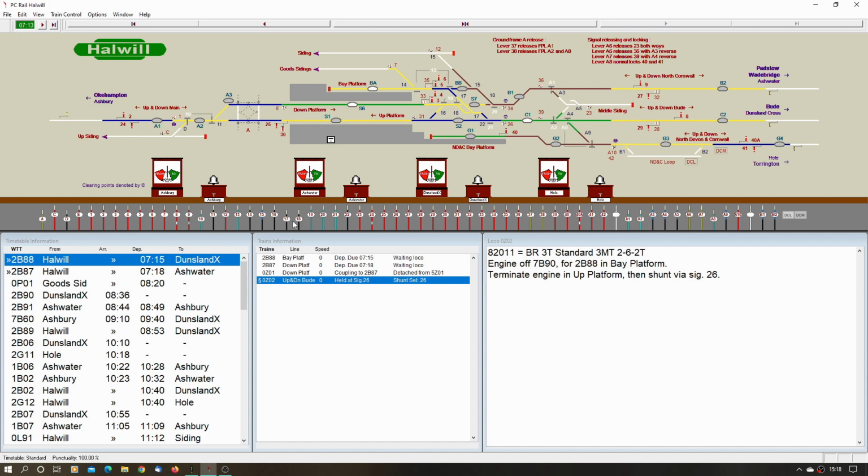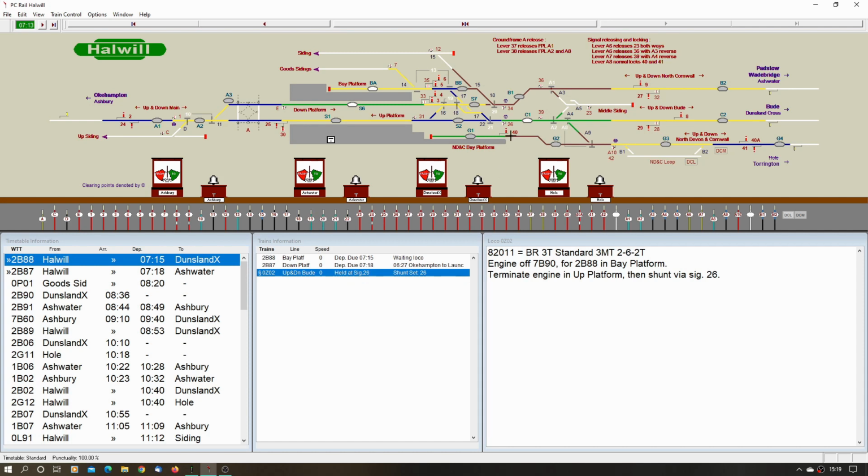Oh, I still haven't got it right. Oh, it's 22. Right. No, I need 18. It's 17 I don't need. Right, 17's to go into there. Right, finally. Now you can see why these trains are late. Sigmund doesn't know what he's doing.